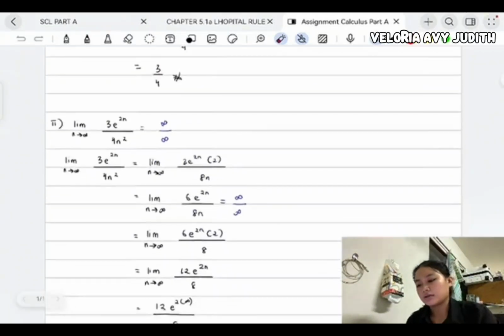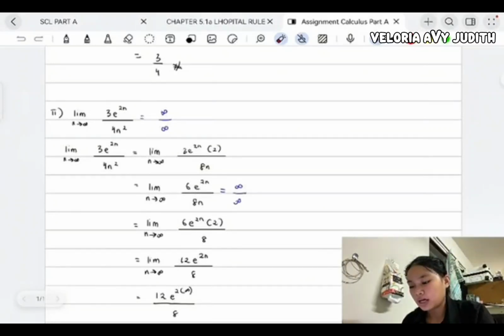So for question 2, the limit as n approaches infinity of 3e to the power of 2n over 4n to the power of 2. After we substitute infinity for n, we get the indeterminate form, which is infinity over infinity.